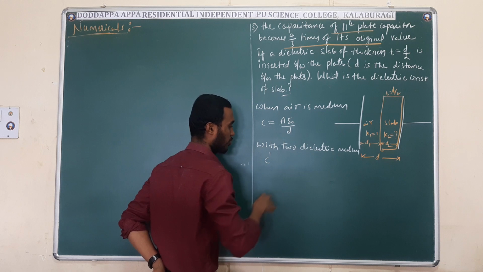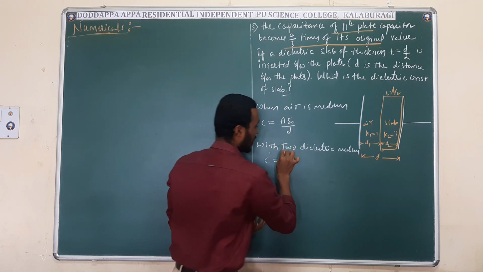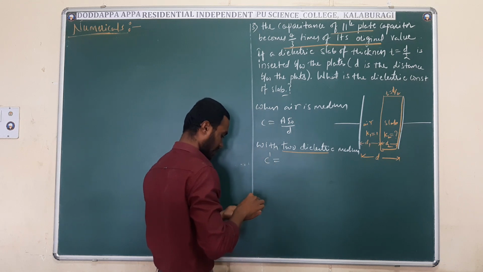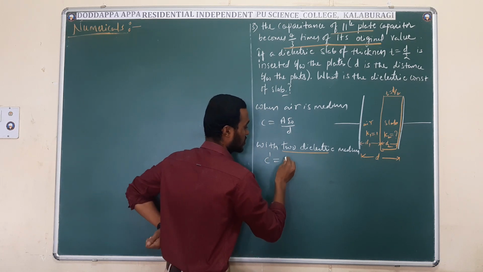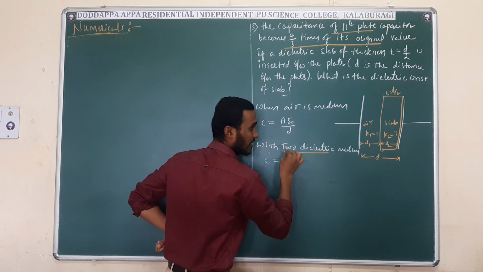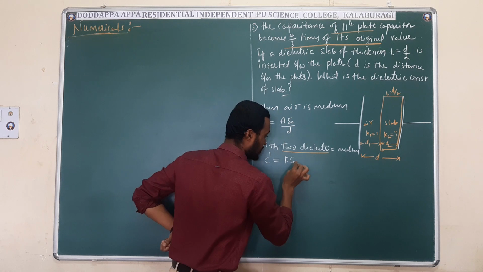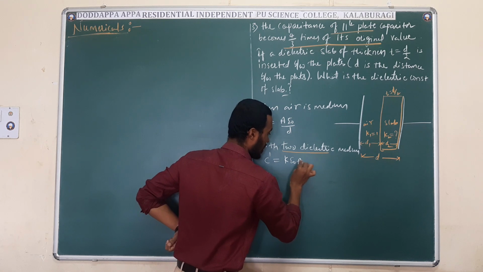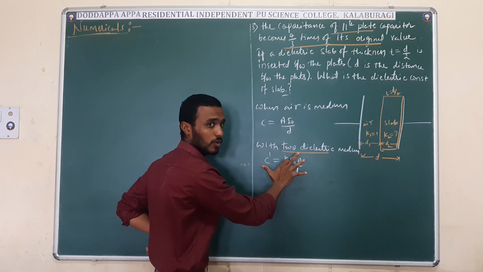If we have two dielectric mediums, I am writing the formula for that. C dash is equal to K epsilon A divided by d. This is the general formula, we know this.